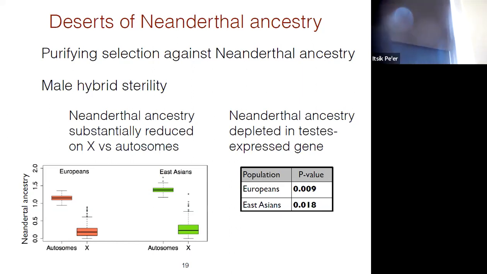There's a second prediction that comes out of this model, which is that hybrid sterility genes are often found in genes that are highly expressed in testes. So we asked, what can we say about Neanderthal ancestry in genes that are specifically expressed in testes? And we find that both in European and East Asian, the Neanderthal ancestry proportions are substantially depleted in testes-expressed genes compared to the rest of the genes.